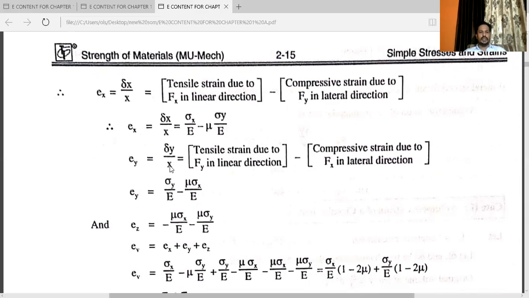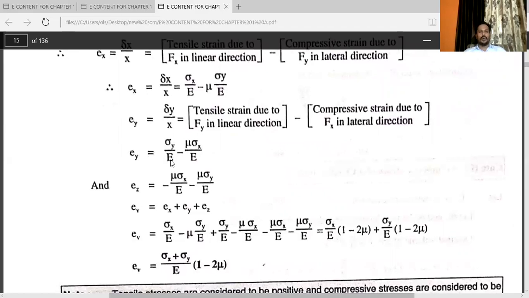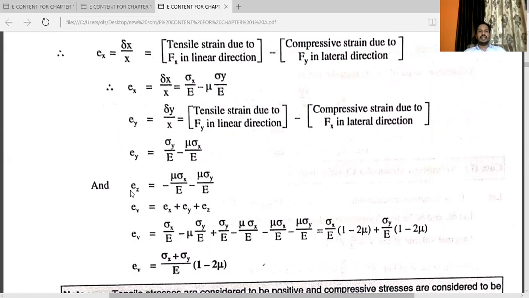That is a very important thing. Tensile strain due to Fy in the linear direction minus compressive strain due to Fx in the lateral direction. So sigma y upon E minus mu into sigma x upon E. And Ez is equal to minus mu sigma x upon E minus mu sigma y upon E.